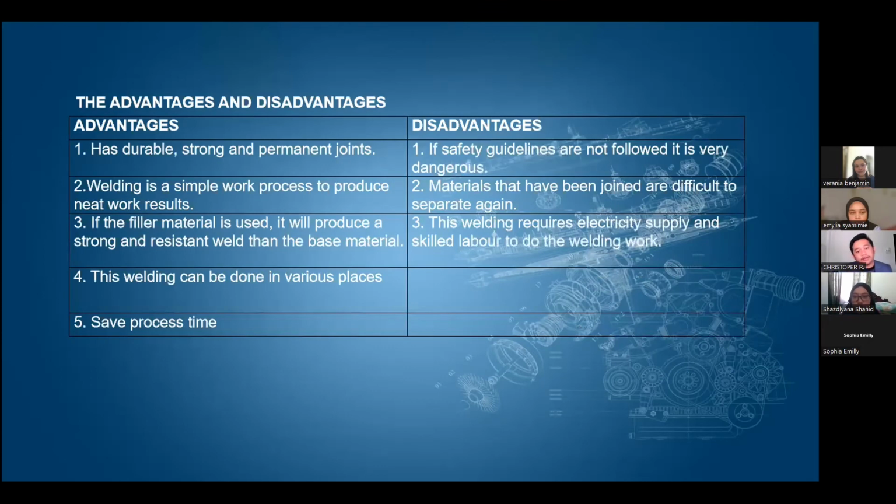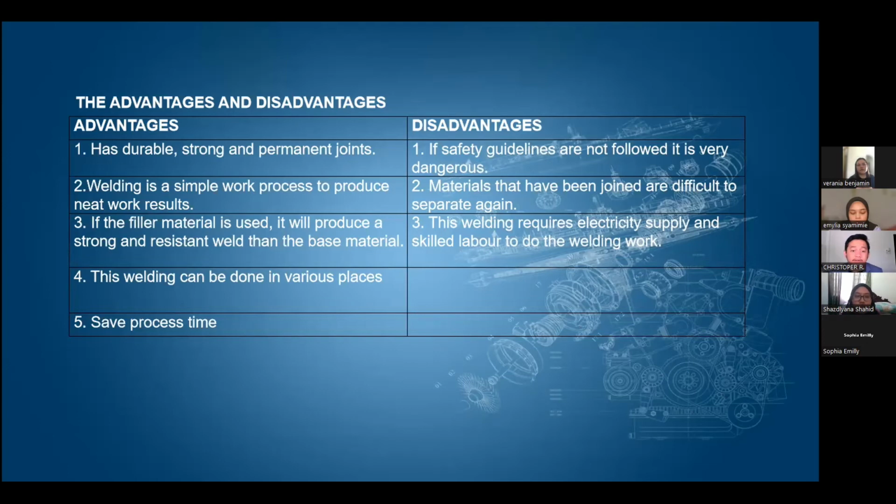Okay, these are the advantages and disadvantages of welding safety. Firstly, the advantage is a durable, strong, and permanent joint. Second one is a very simple work process to produce neat work results. Next, if filler material is used, it will produce a joint stronger and more resistant than the base material.